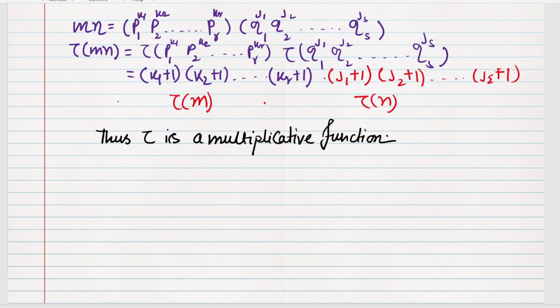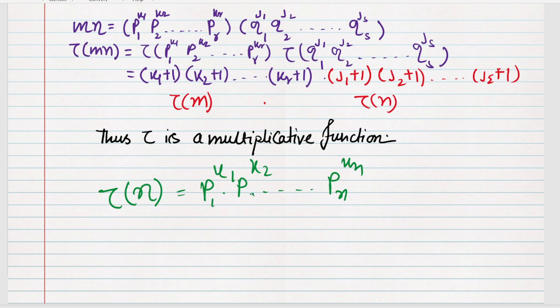The tau of mn, obviously we know that tau of n, if n has the prime factorization p1 raised to k1 dot p2 raised to k2 dot up to pr raised to kr, then what can we write? Tau of n equals (k1 plus 1) dot (k2 plus 1) and so on up to (kr plus 1).